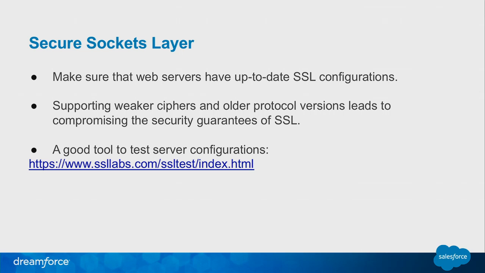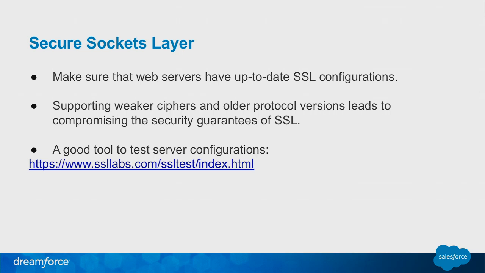So what I'm going to do is just go in and use that exploit, and then I'm going to be able to decrypt that communication, right? So making sure that you're keeping your servers up to date in terms of SSL configurations is very, very important. And we see this more often than we should, where on external apps, a lot of times, really weak ciphers or really weak old protocol versions are enabled.